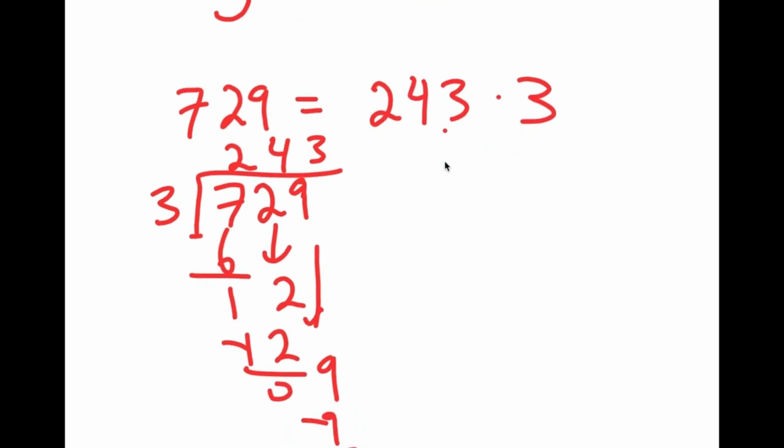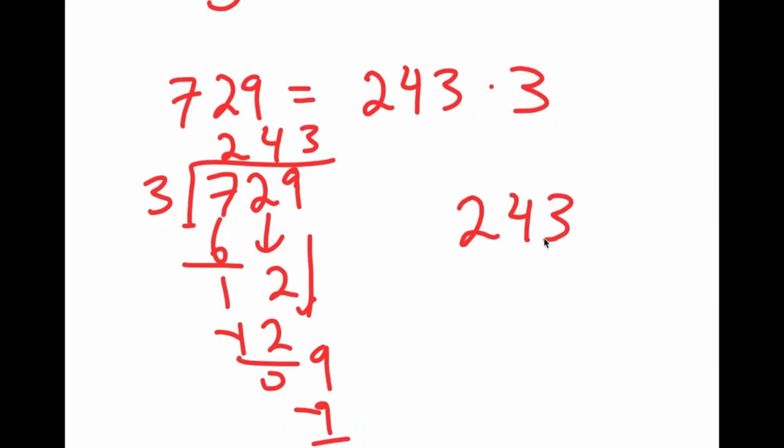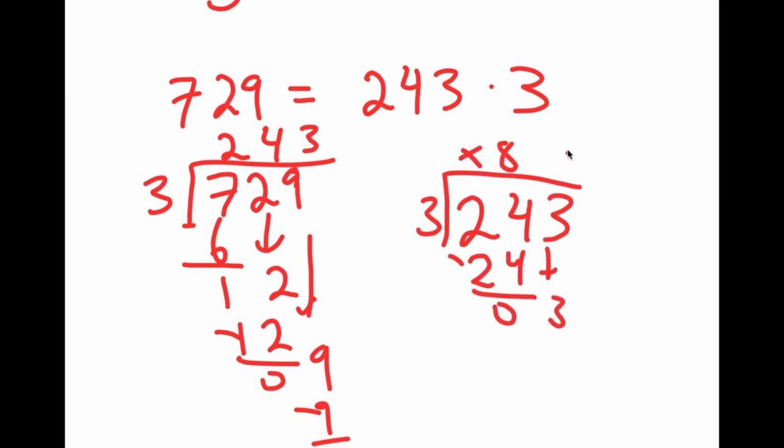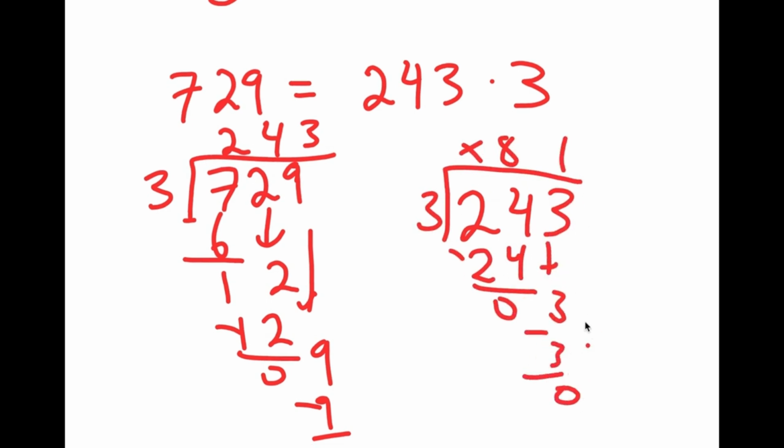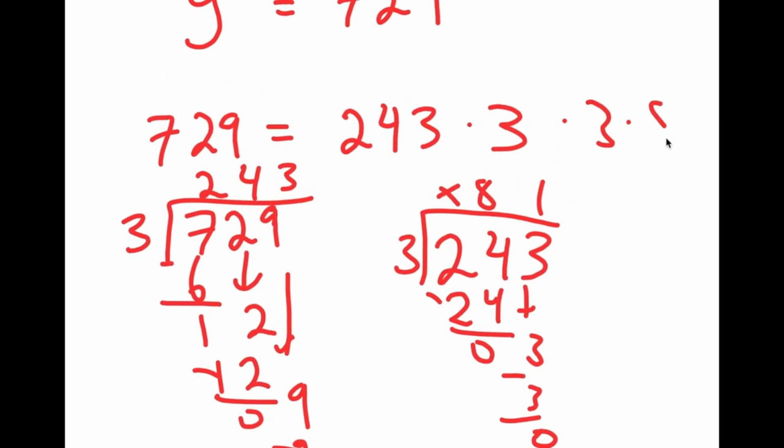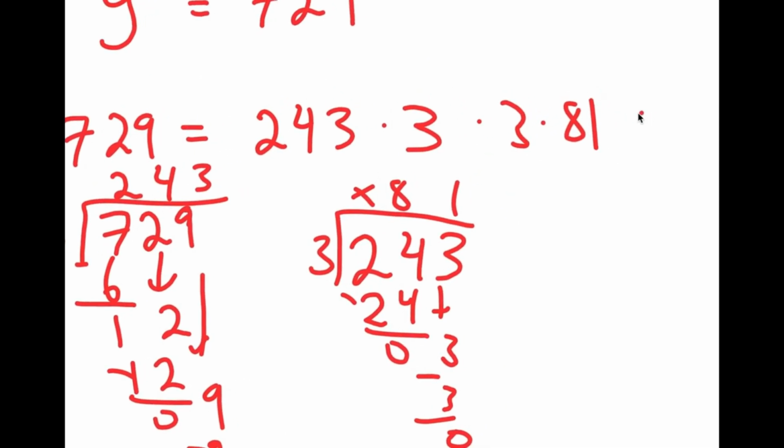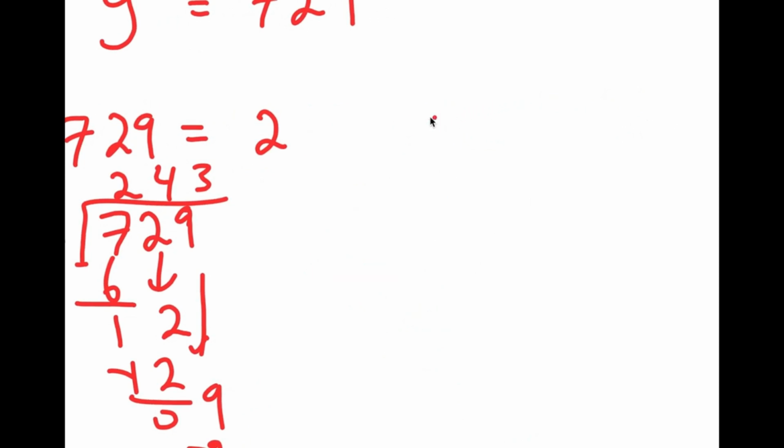Now, 243, if I divide this by 3, I get 81. So I have this times 3 times 81, I have 3 times 3 times 81, and 81 is the same thing as 3 to the power of 4.